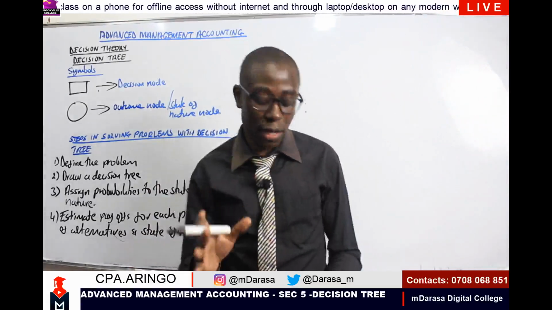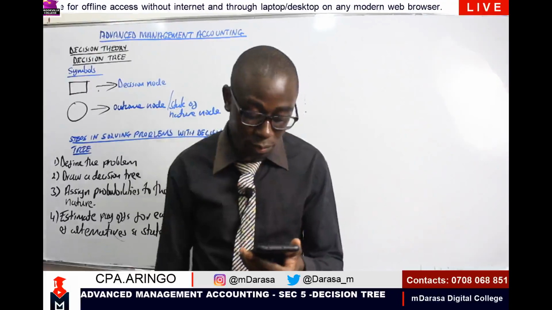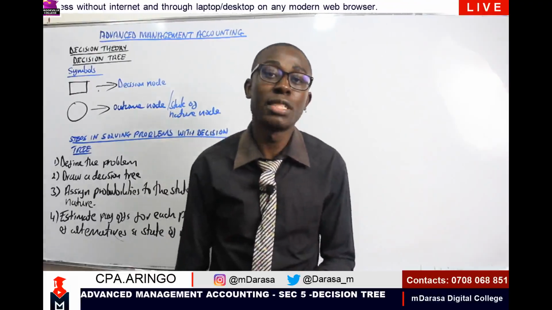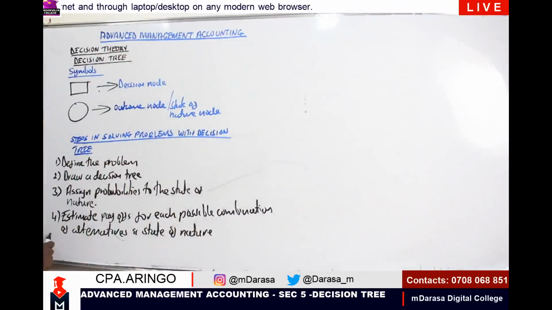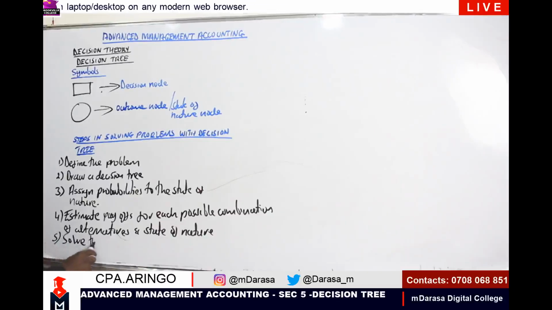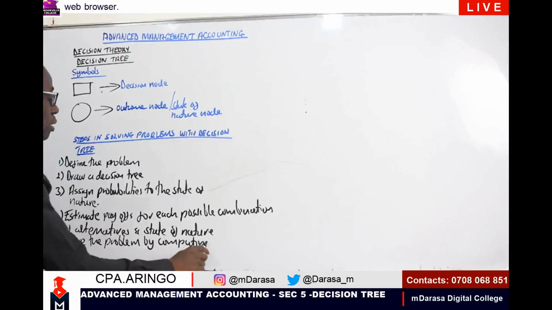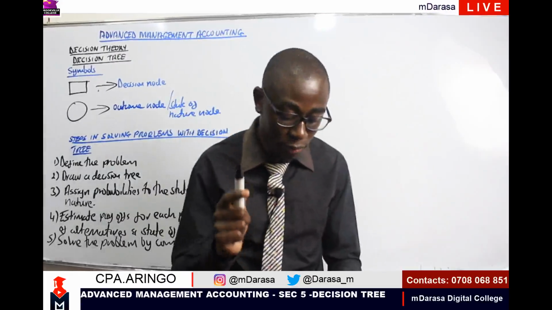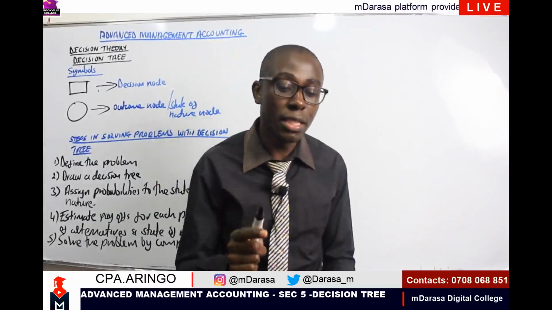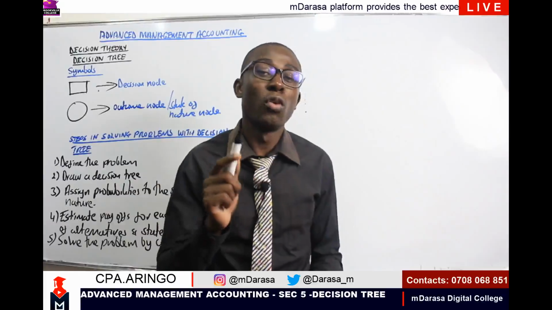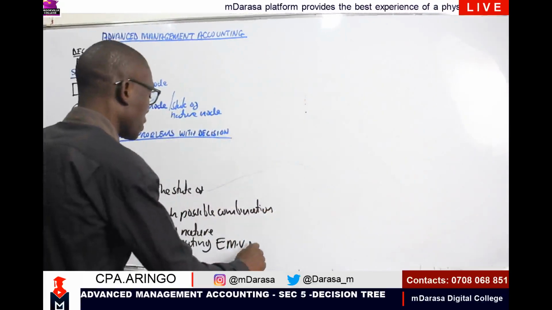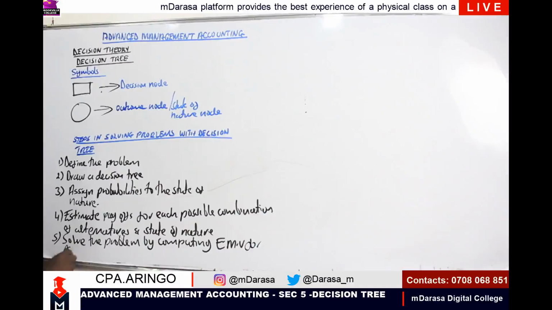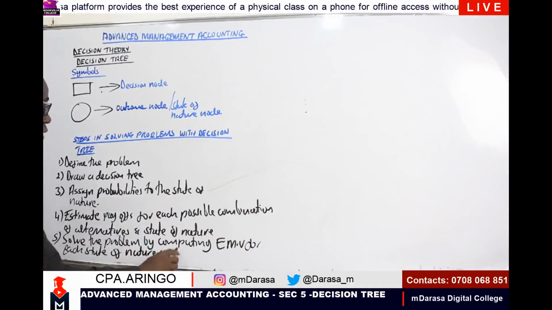Then step number five, which is our final step, my good students, you need to solve the problem by computing the expected monetary value for each state of nature node.